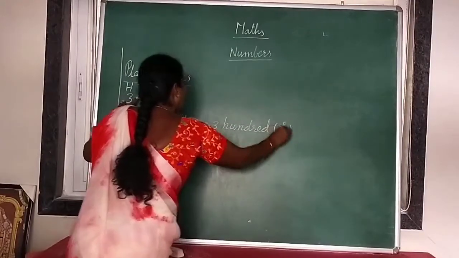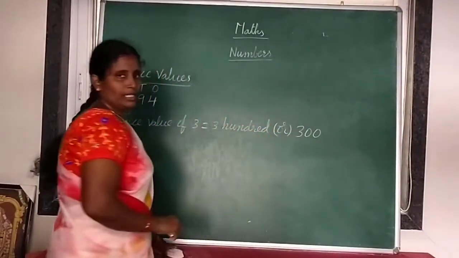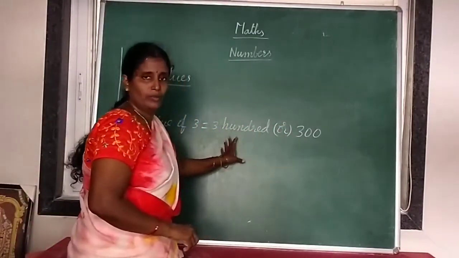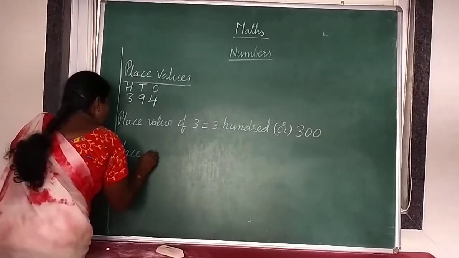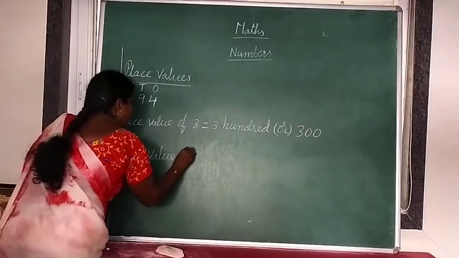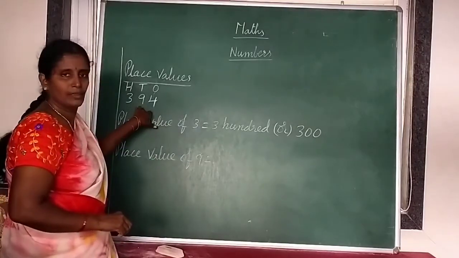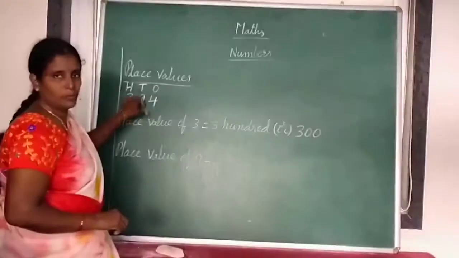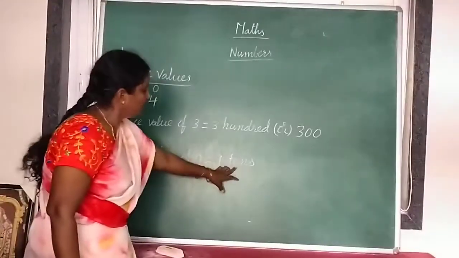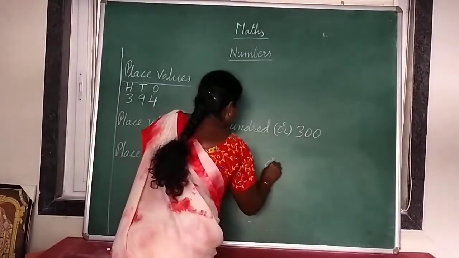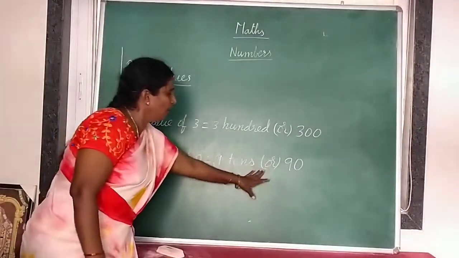And place value of 9 is 90. We can write either 9 tens or 90.